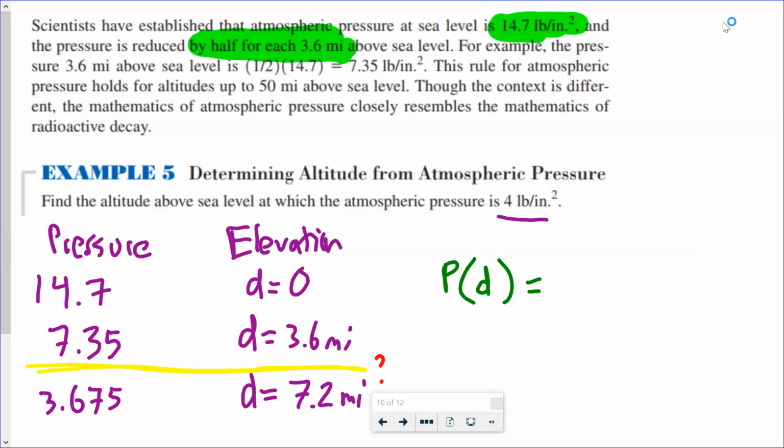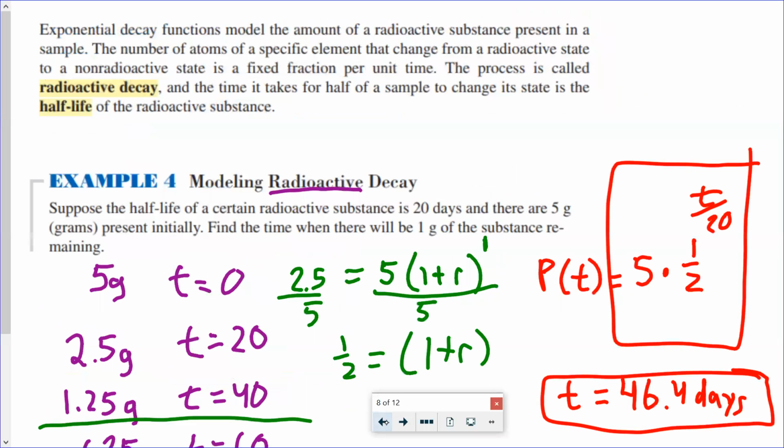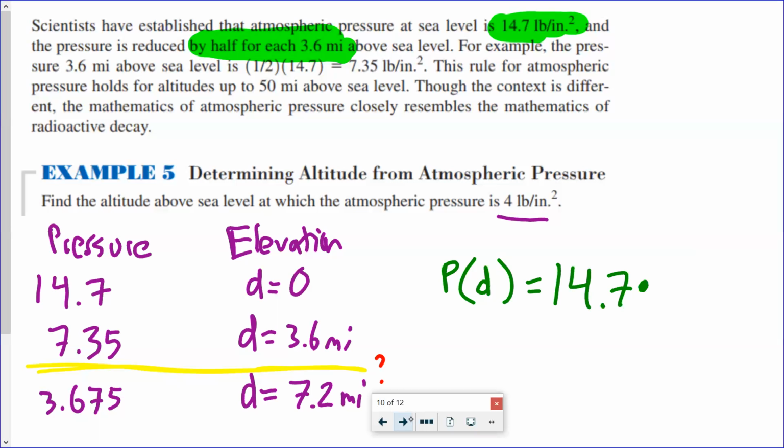Well, help me out here. Okay, so what is our initial pressure? 14.7 pounds per inch. And if we're doing a half-life problem, what is the base of the exponent going to be? 1/2. Yeah, just like in our last example, it's going to be 1/2. I'm going to put it in parentheses so I remember that.